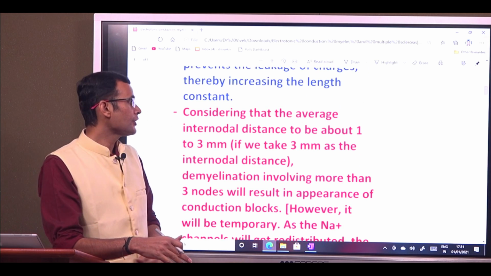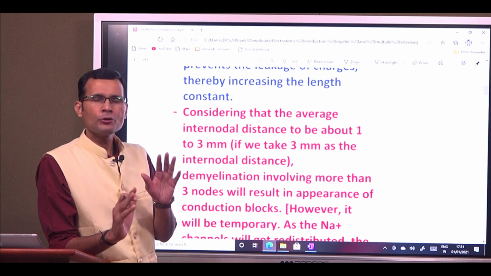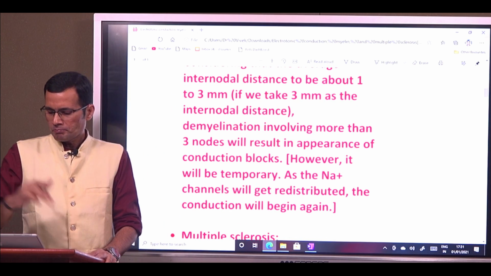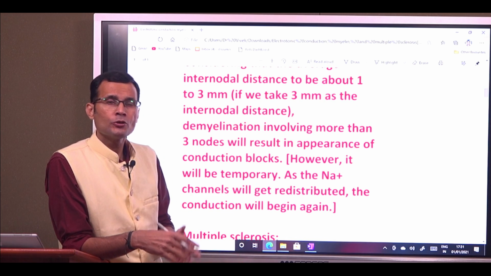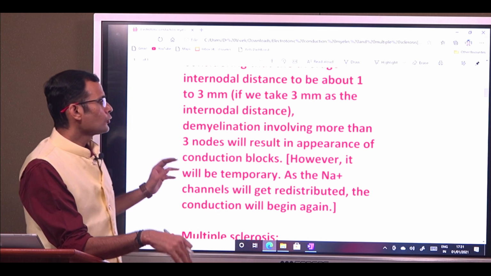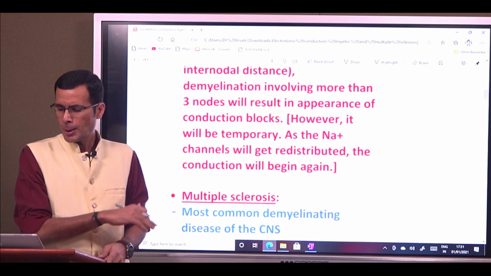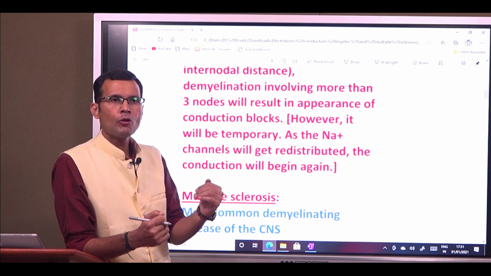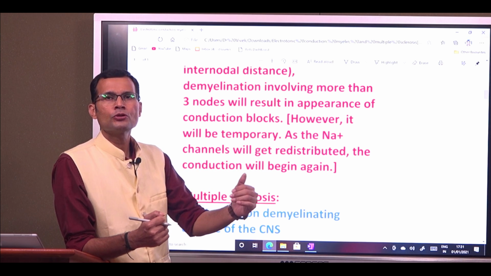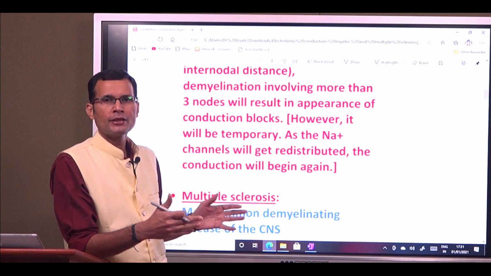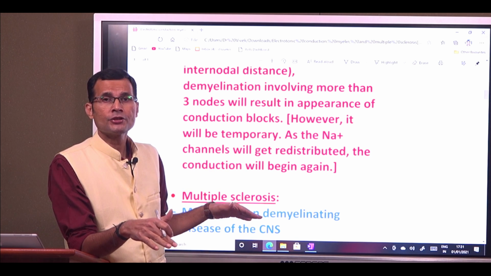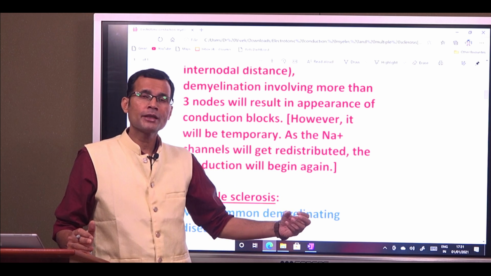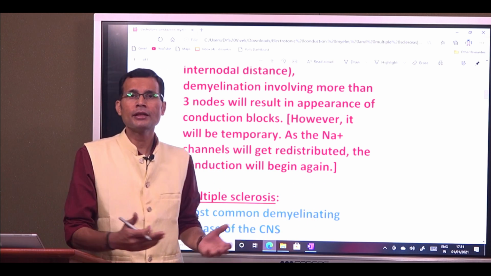Now, considering that the average internodal distance is about 1 to 3 millimeters, and the length constant is also 1 to 3 millimeters, generally it is said that if the demyelination involves about 3 nodes of Ranvier, or 10 millimeter length of the axon, then the symptoms become severe, because electrotonically, if the impulse has to be carried, it can be carried only over 10 millimeter length.